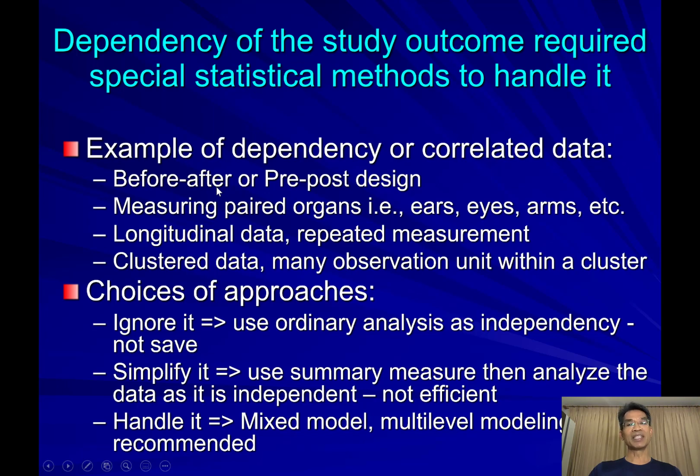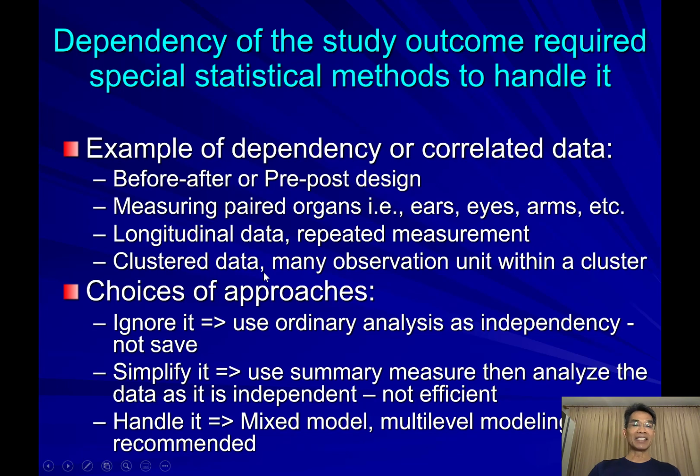So it's not independent; it depends on the participant, for example. Paired organs like ears, eyes, arms, depend on whose eyes, whose ears. Longitudinal data or repeated measurements, measured several times in the same participants or the same observation unit.